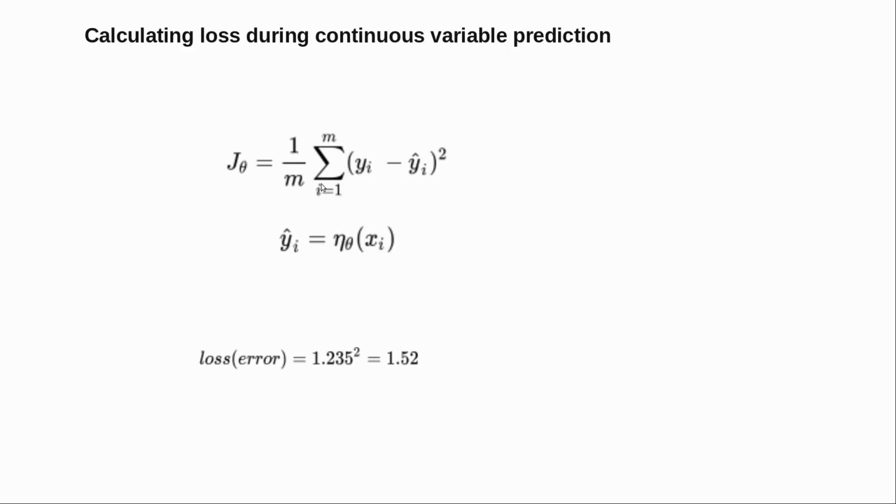When we calculate the continuous variable predictions, we normally apply MSE, mean squared error. Here yi is the actual value, and yi hat is the predicted value, and this is the formula for MSE.